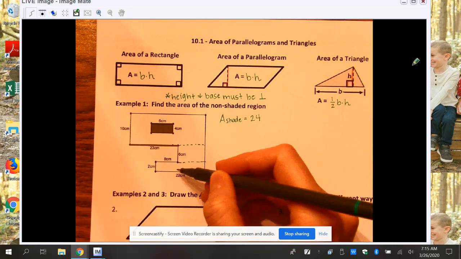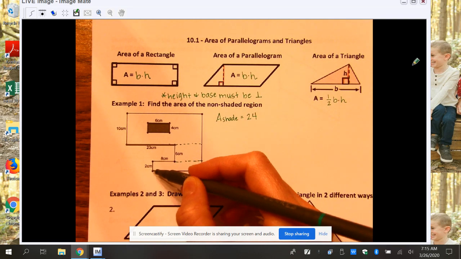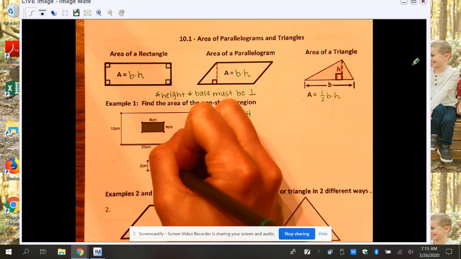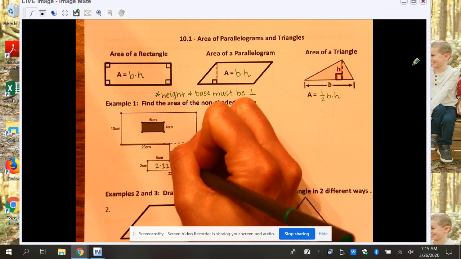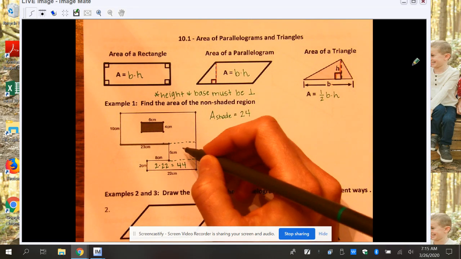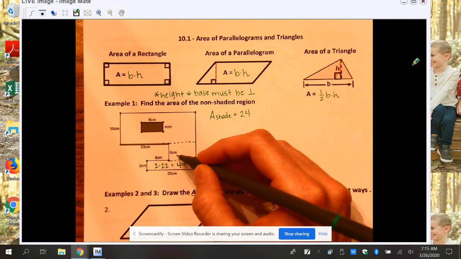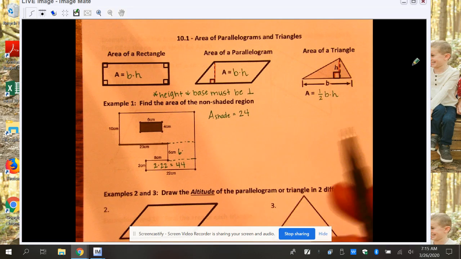All right, so this rectangle right here, I know the height is 2 centimeters and the length of the base is 22. So 2 times 22 is going to be 44. Now we have to figure out this rectangle. And I know that this is 6, so it's going to be 6 times something.